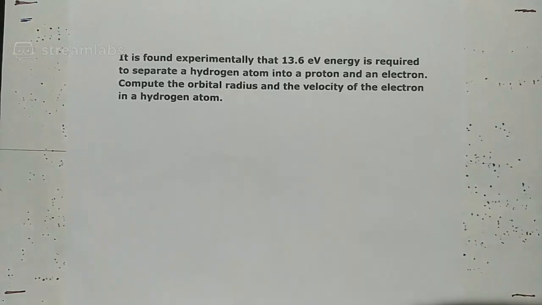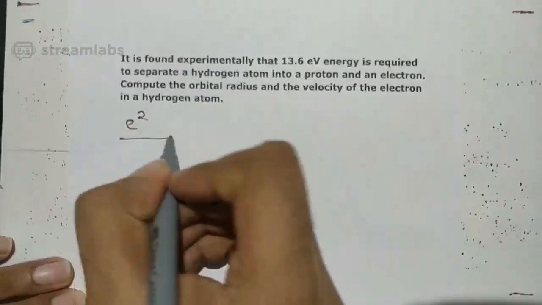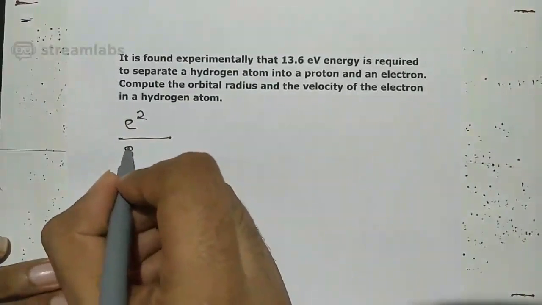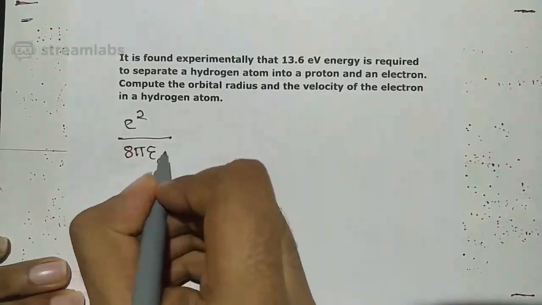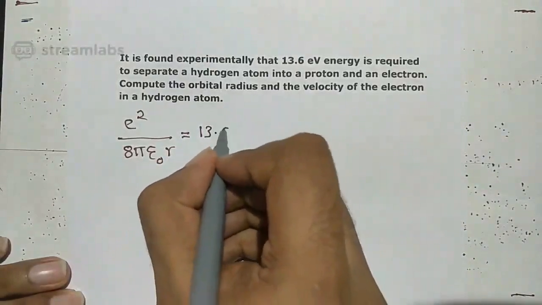They have given the total energy of the electron. So what is the total energy? 13.6. You know the expression for total energy: E square divided by 8 pi epsilon naught R, which is equal to how much? 13.6.